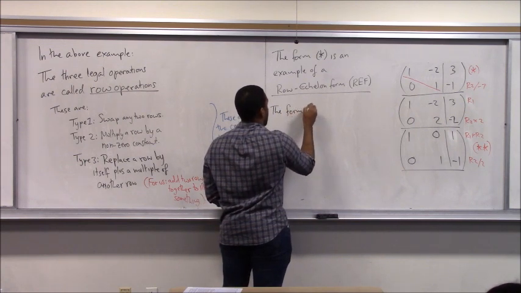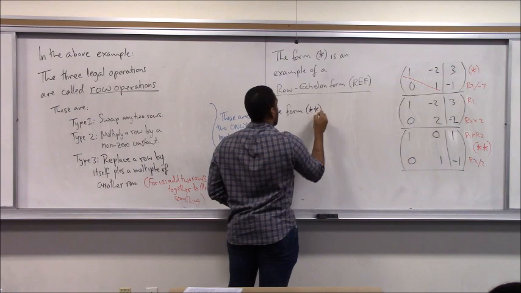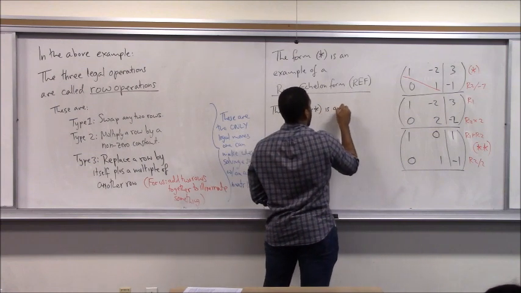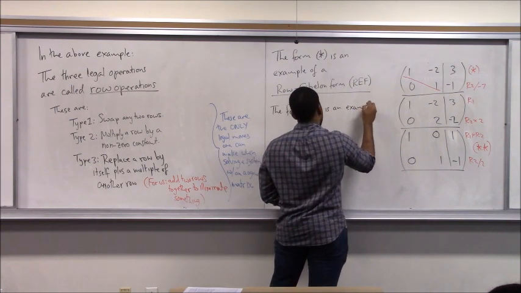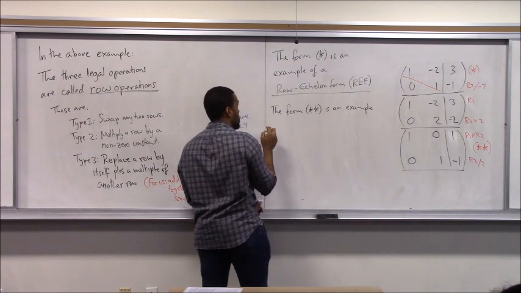The form double star is an example of another. I'm going to describe these in detail because you'll need to know how to put a matrix in these forms.